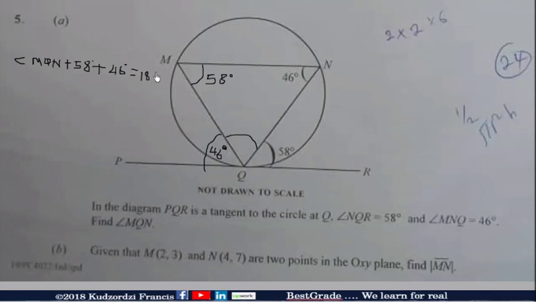Or we can say that if we add this angle to this, that is the sum of angles in a triangle, it should give us 180. So angle MQN is equal to 180 minus 46 minus 58.